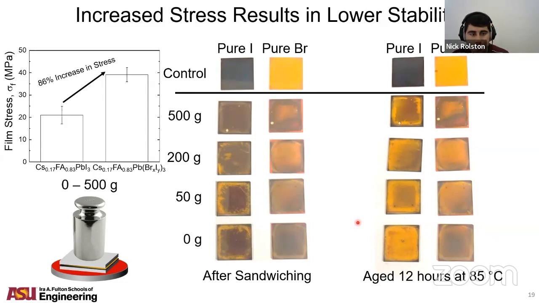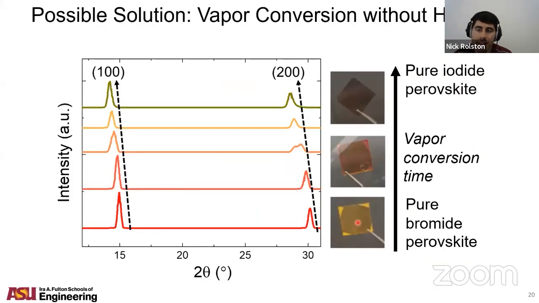And so the natural idea is to then try to accomplish this halide exchange without the heating step. That's actually something we've been looking at very recently: taking a bromide perovskite and exposing it to a vapor that contains iodine, and this can be done near room temperature.